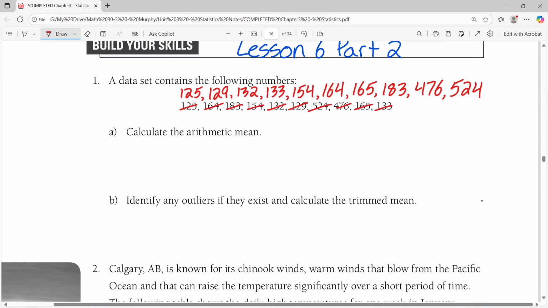Okay, calculate the mean. So we're going to add these all up and divide by 1, 2, 3, 4, 5, 6, 7, 8, 9, 10. So we'll take a calculator and add them all up: 132, 133, 154, 164, 165, 183, 476, and 524, and we get a total of 2,185.